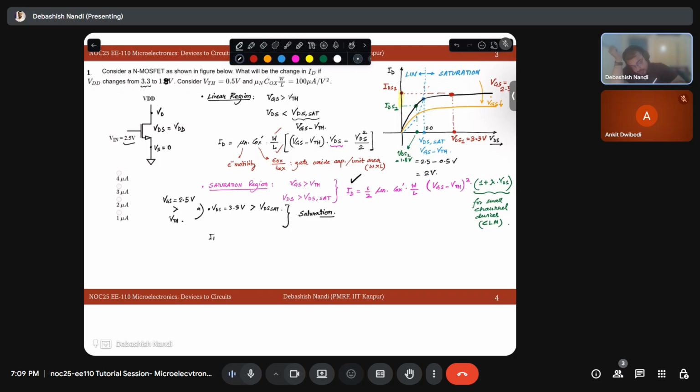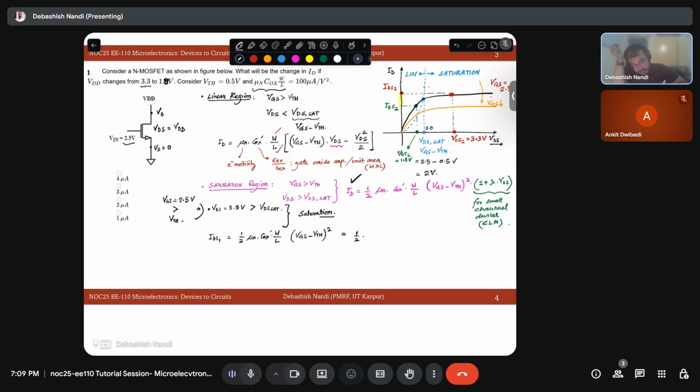So I will use this formula to calculate IDS1. My IDS1 will be half mu n Cox W by L (VGS minus VTH) whole square. This quantity is given as 100 microampere per volt square.